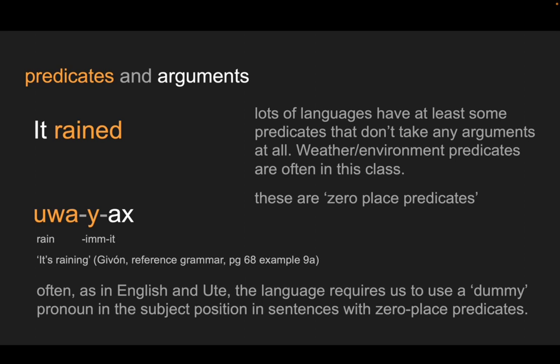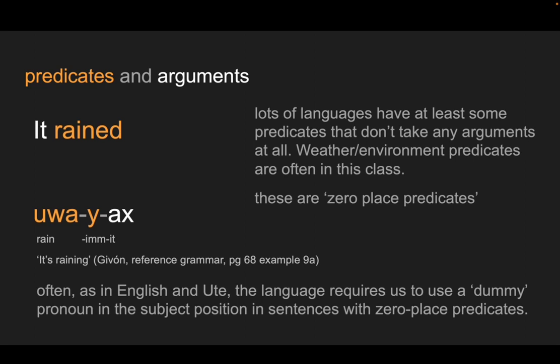And a lot of linguists have used these kinds of predicates to argue that there's something very, very special about subjects in sentences. Subjects are important, that they're a crucial part of a sentence. So when we say things like a sentence is a unit that includes at least a subject and a predicate, see, even when you don't need the subject, it's there.